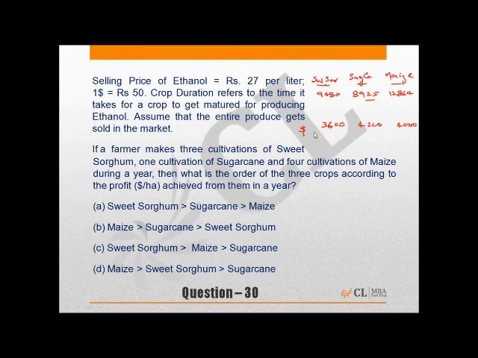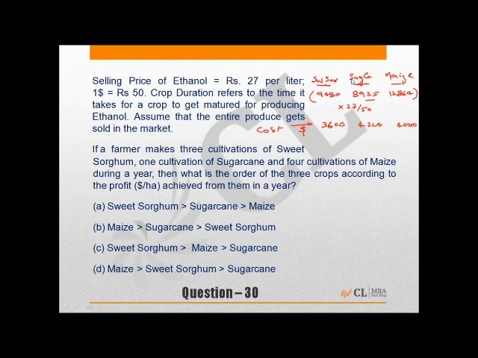And the cost of production in dollars is given here. But production has to be converted into sales value, so we need to multiply each of them by 27 by 50. 9480 into 27 by 50 will give us dollars of sale value for ethanol from sweet sorghum. 8925 into 27 by 50 gives us the corresponding value for sugarcane.